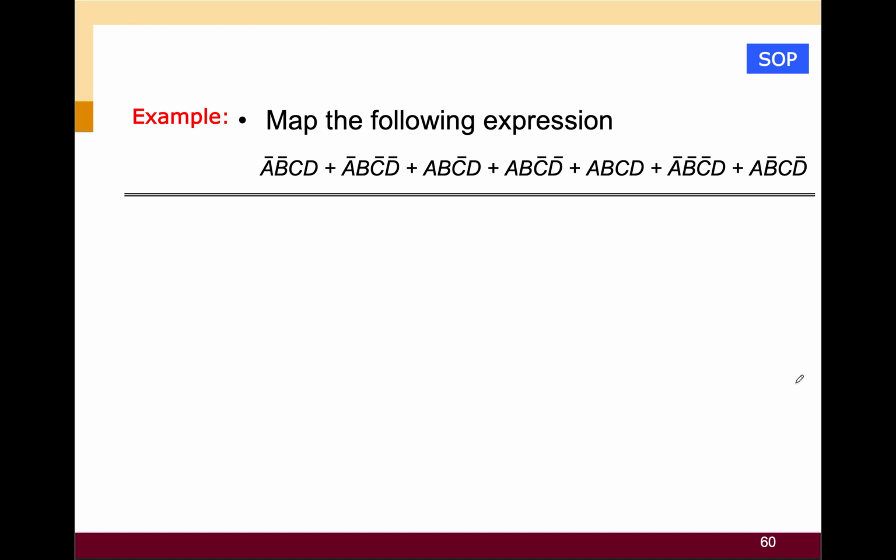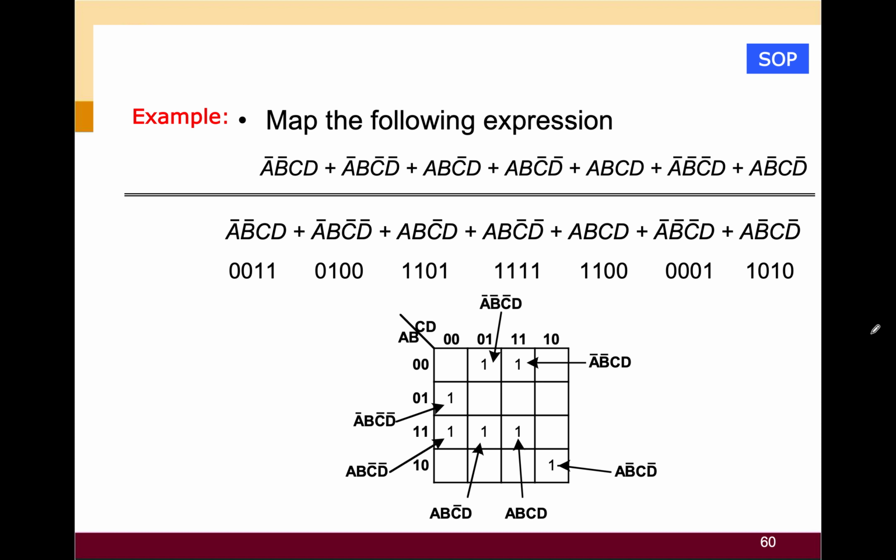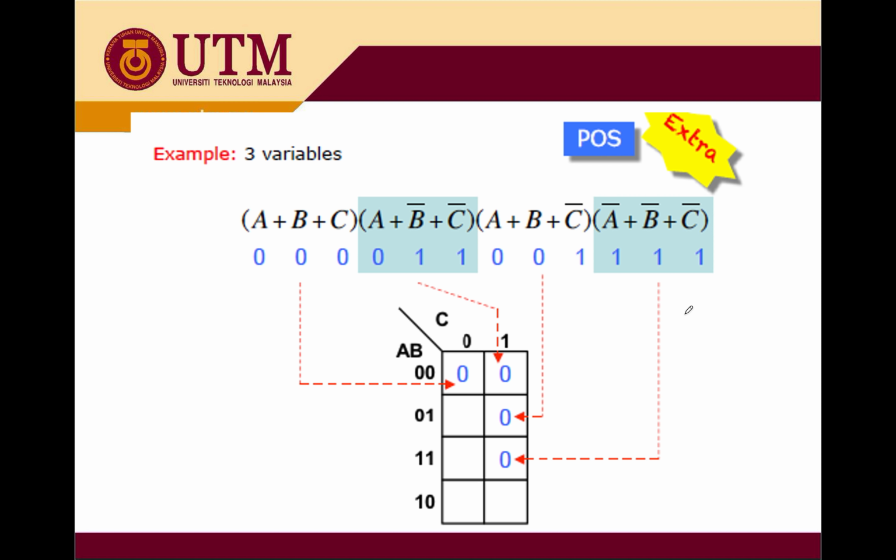Next example, this one is just for you to map into your KMAP. So this is the example. You can try it. This is not the point that I want to show you, because this one is very simple. You can just draw it, and I already give you the example also. And this one is on the POS.